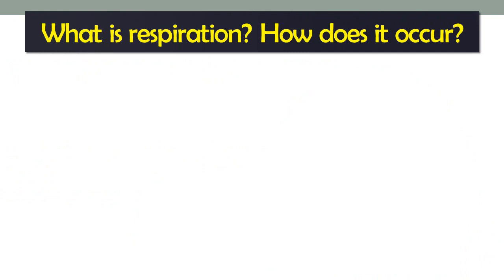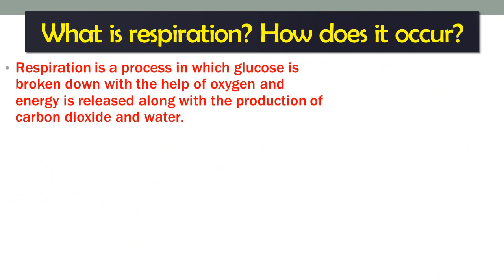First of all, let's understand what respiration is and how it occurs. Respiration is a process in which glucose, a constituent of carbohydrate, is broken down with the help of oxygen, and energy is released along with the production of carbon dioxide and water.